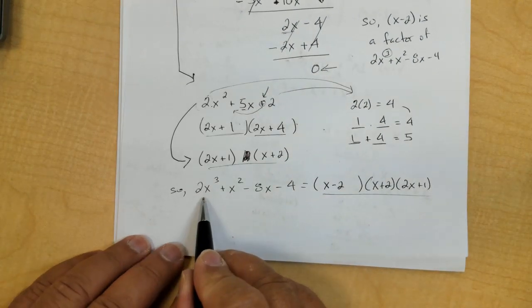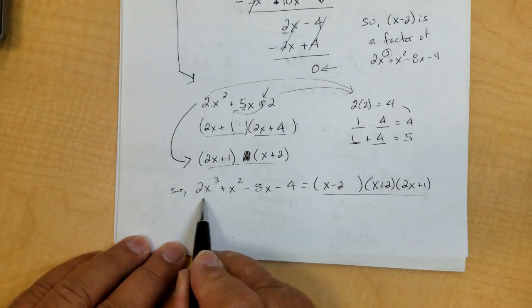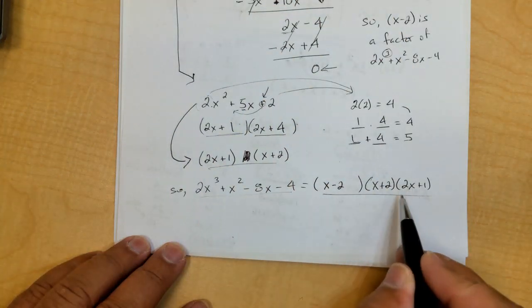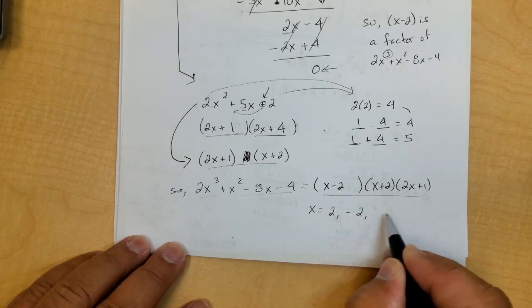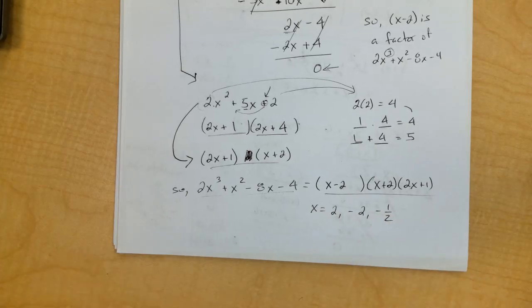So what we just did, by doing this whole process, we factored out the polynomial into these, so now we know our x-intercepts are those. The process here is to find the x-intercepts of our polynomial.